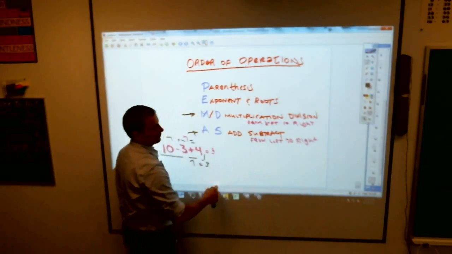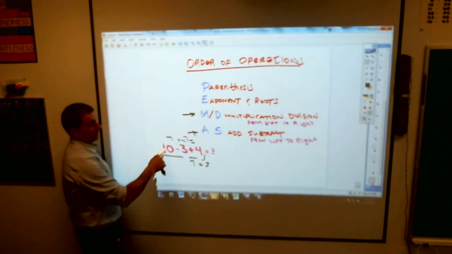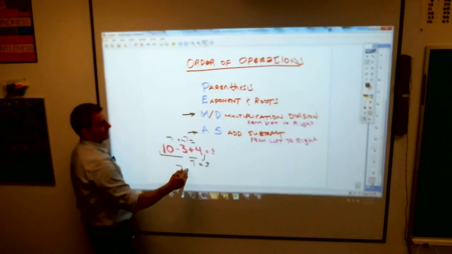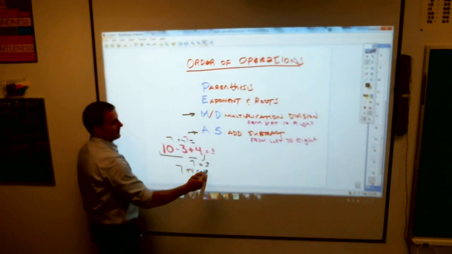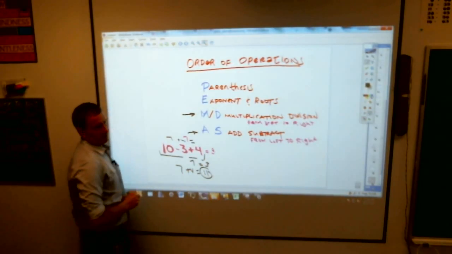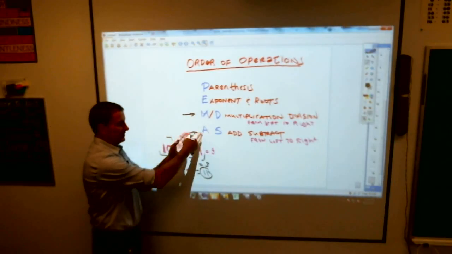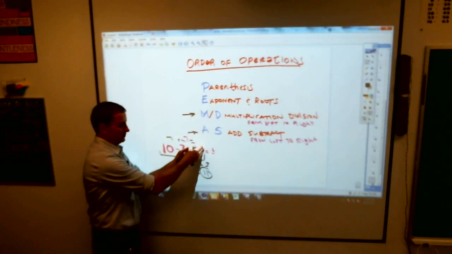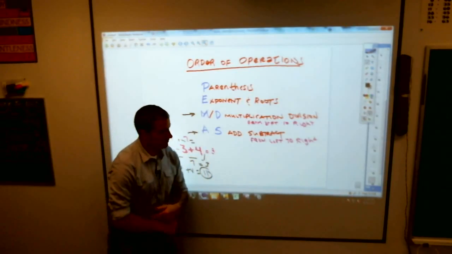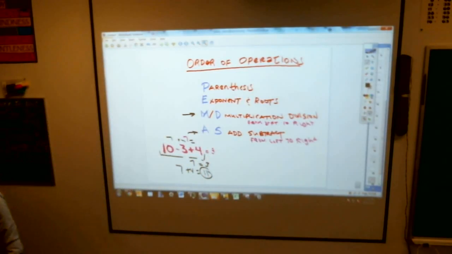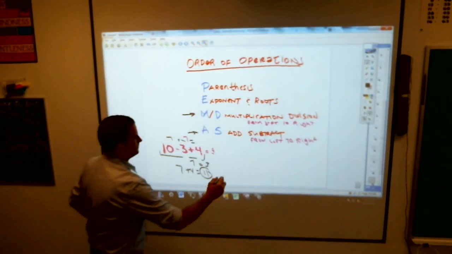You do have to go from left to right. So for those of you that did 10 minus 3 is 7 and 7 plus 4 is 11, that is the correct way to do the problem. Because if it's on the same level, you do it just the way you read it. You wouldn't know that here because we didn't talk about that. Here another example would be this: 16 minus 3 plus 4.